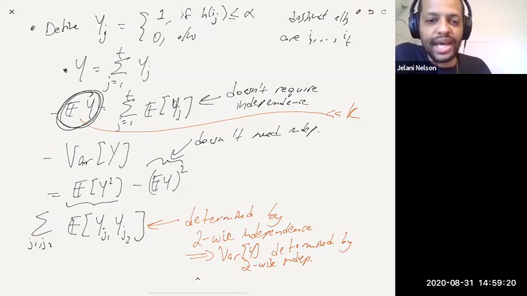And I can do the same kind of game in the other direction. I can set up some indicator random variables for h of Ij being bigger than beta, where beta is some other threshold. And I can say, look, in expectation, the number of hash values that are bigger than beta is much bigger than k.